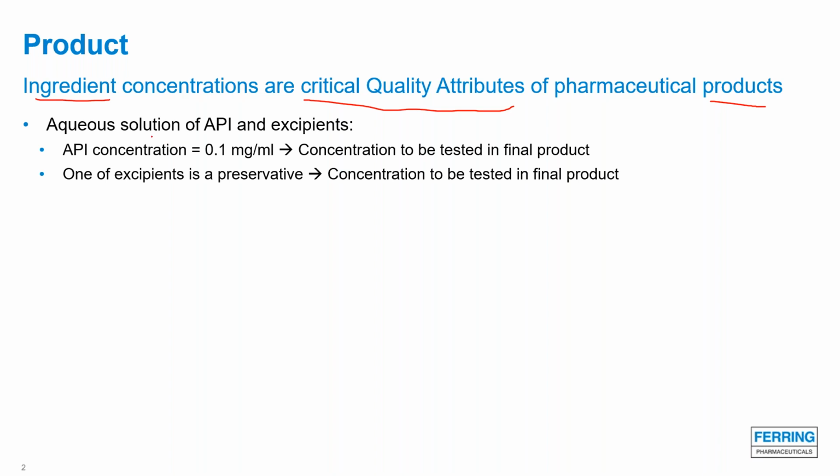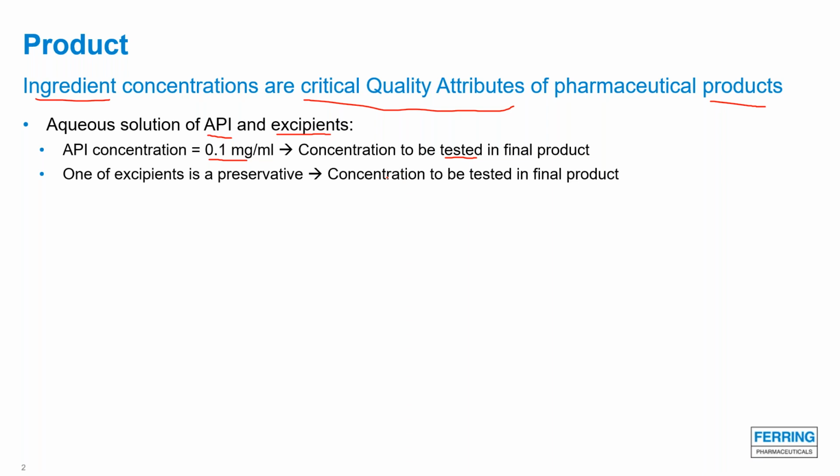So it's an aqueous solution with an active ingredient, API in short, and excipients. The API concentration is about 0.1 milligram per milliliter, and as I said, it needs to be tested in the final product. For the excipients, usually we are not required to test their composition in the final product.